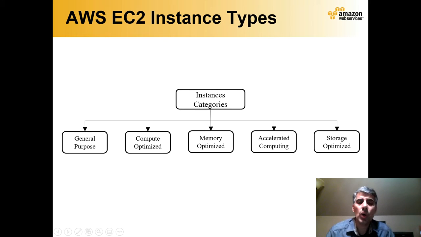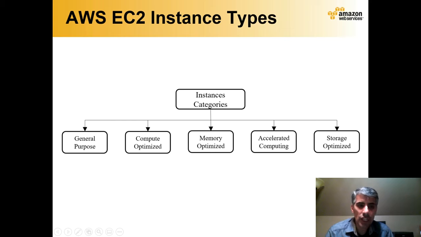Okay, so the underlying architectures of the EC2 instances are different. In Amazon terminology, these are called instance types. In other words, you can create a heterogeneous distributed system using the Amazon EC2 service.